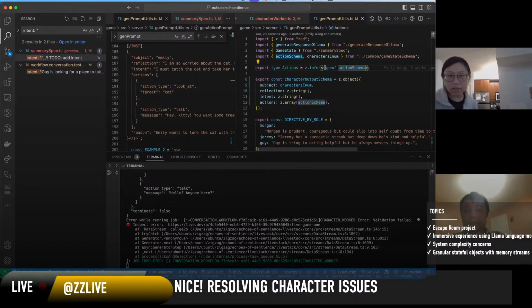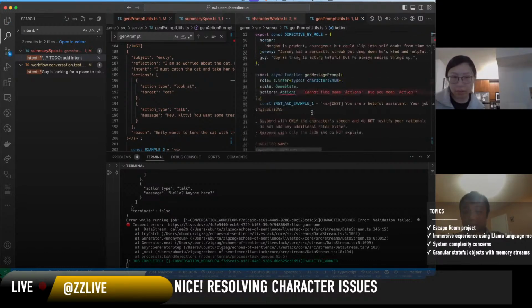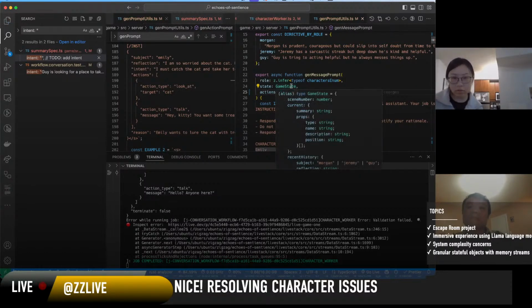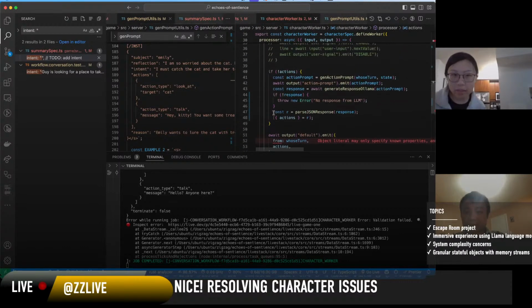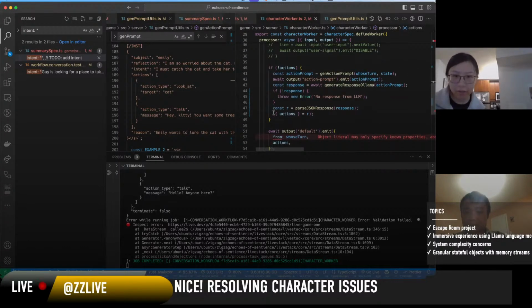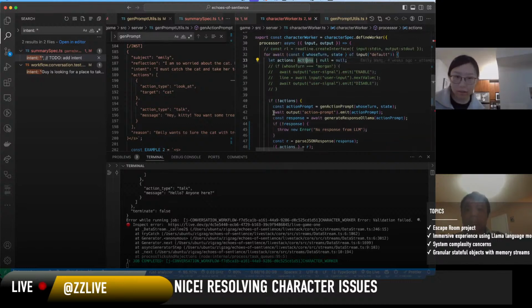I guess technically you don't even need to reassign actions anymore. I don't even understand why that needs to be like action null. Wait, which part? Like this part, if not action, then... Yeah, okay.